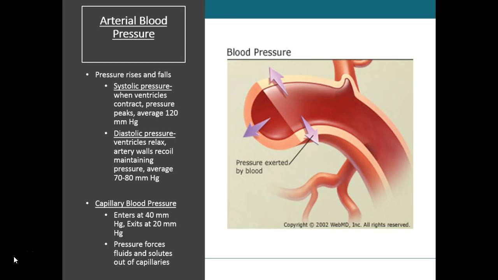The diastolic pressure is the lowest pressure, and that's the pressure in the arteries when the ventricles have relaxed. This averages about 70 to 80 millimeters of mercury in a normal, healthy adult male. So we would write this as 120 over 70 millimeters of mercury.